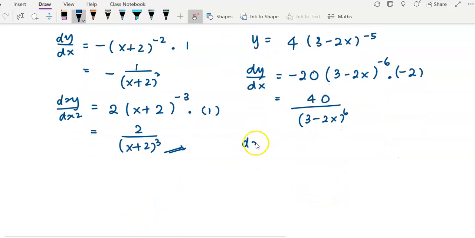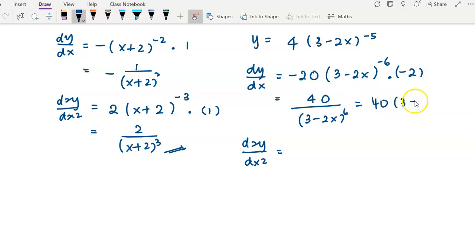So now we're going to proceed to the d2y dx2. For d2y dx2, again, I rewrite this in this form, easy for me to see: 40 times 3 minus 2x to the power of negative 6. So now, our outer function is 40 u to the power of negative 6, and the inner function is 3 minus 2x. First of all, 3 minus 2x, just ignore first. We will focus on this 40 and the power of negative 6.